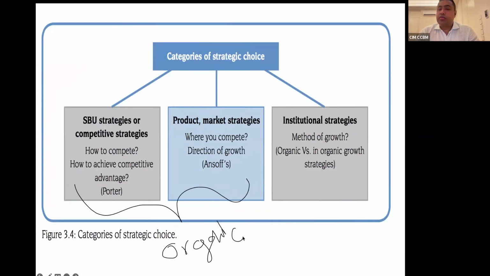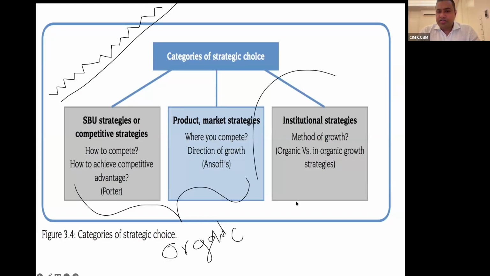What is organic growth? Organic growth is this: year on year nominal growth. 5%, 4%, 5%, 6%, 4%, 5%, 5%, like that. Organic growth. This is organic growth.